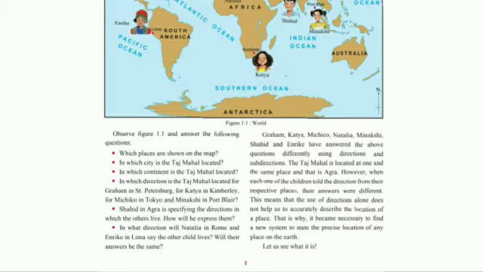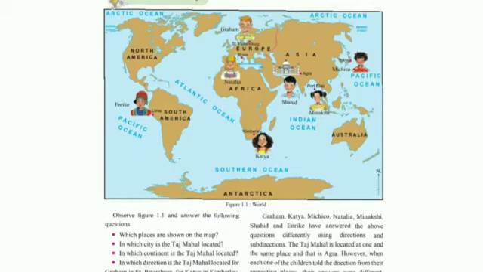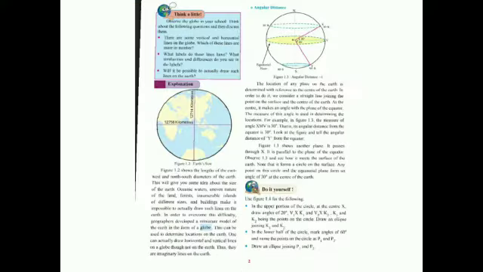This means that use of direction alone does not help us to accurately describe the location of a place. That's why it became necessary to find a new system. Only directions, only north, south, east, west, is not sufficient. So geographers have developed a miniature model of the Earth, that is known as the globe.